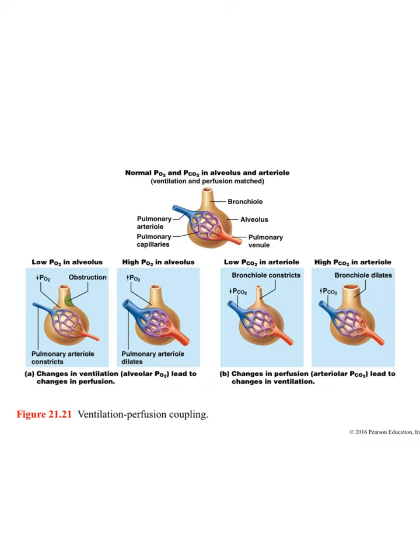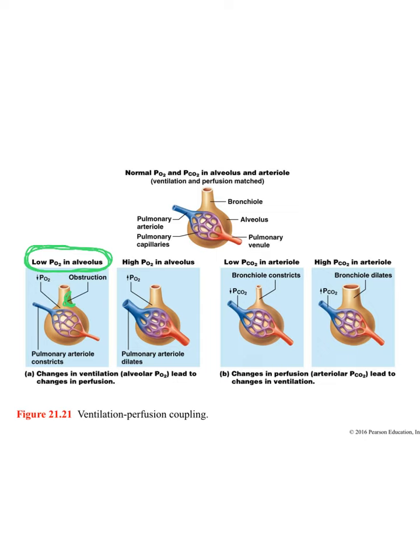We look at when there is a low amount of oxygen in the alveolus. This would happen when there's a low partial pressure of oxygen in the air, or because something is blocking the ability of oxygen to get into the alveoli. A blockage could be mucus or a tumor.